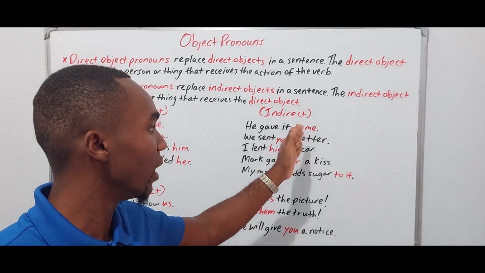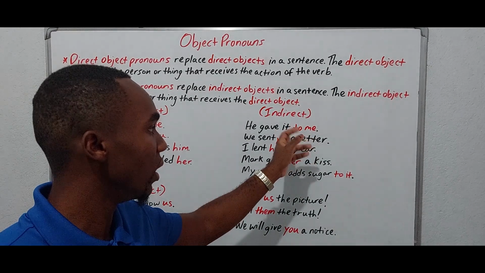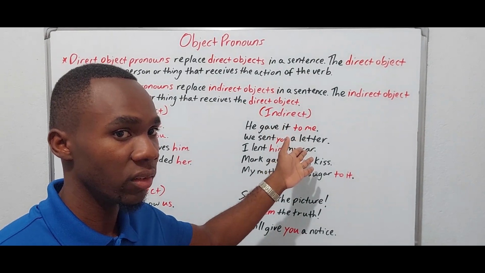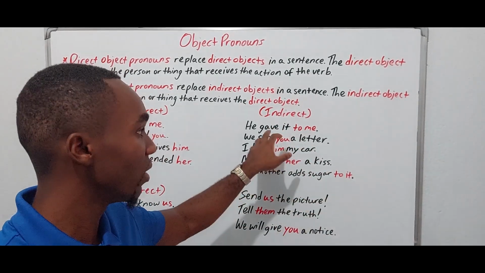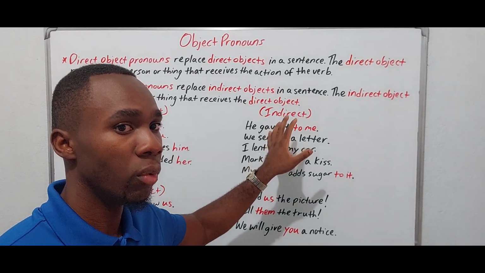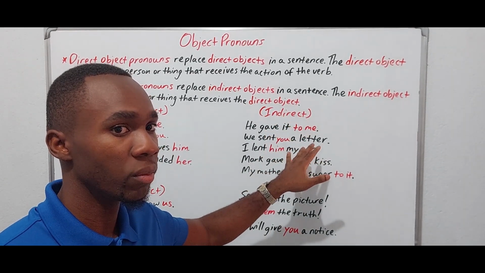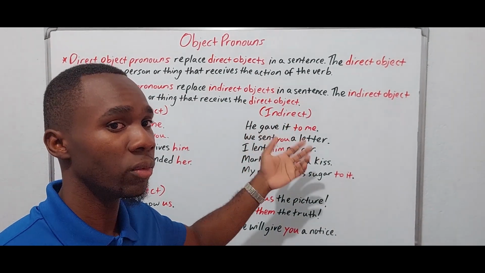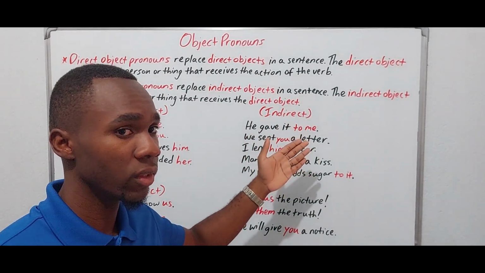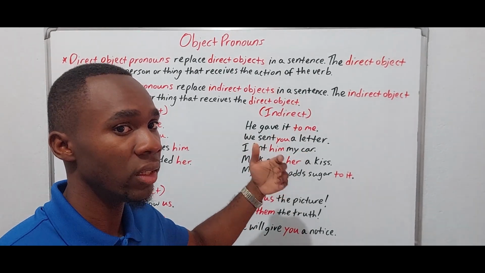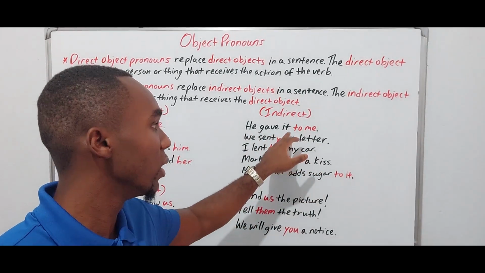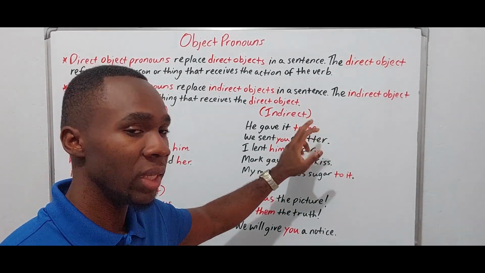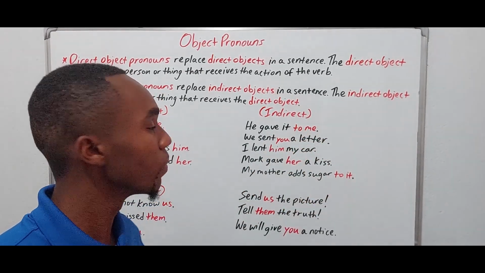I received the it, whatever it is, and it in this case would be the direct object pronoun, right? So this is an example of both objects being replaced by object pronouns. So we have the it being the direct object pronoun and the to me being the indirect object pronoun.